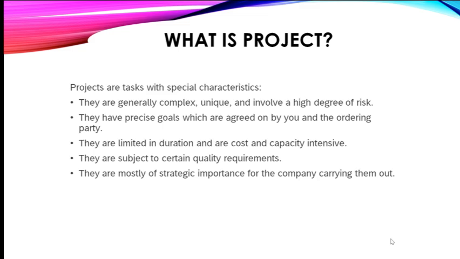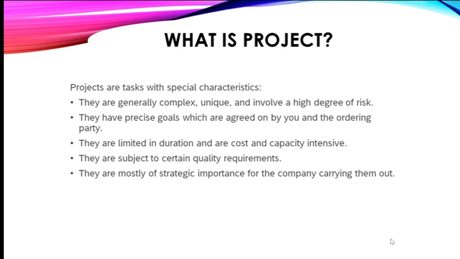Similarly, it should have some precise goals which should be agreed by us and also the ordering party. By us means the consulting team, and the ordering party means the client. The precise goals of the project should be agreed by both the sides, and there is a limited duration, and also cost and capacity intensiveness should be taken care of.